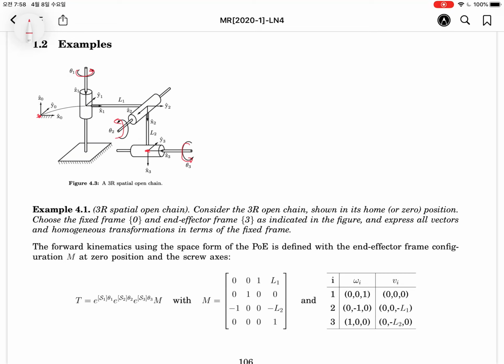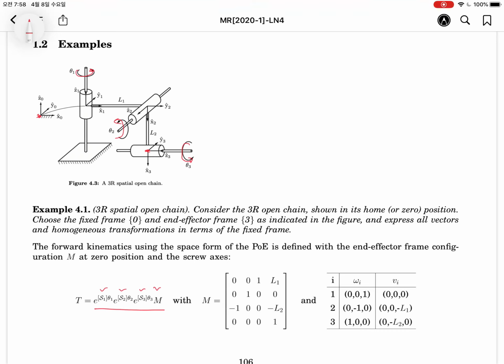So it is a 3 degree of freedom robot in this special case. The forward kinematics is obtained like this. In here, the M and the S1, S2, and S3 values are required.